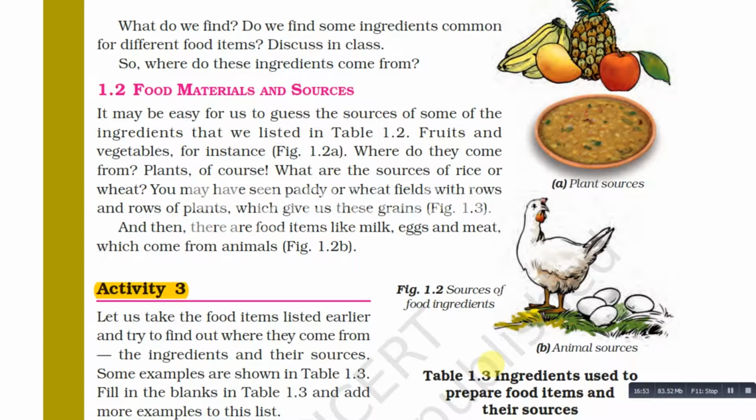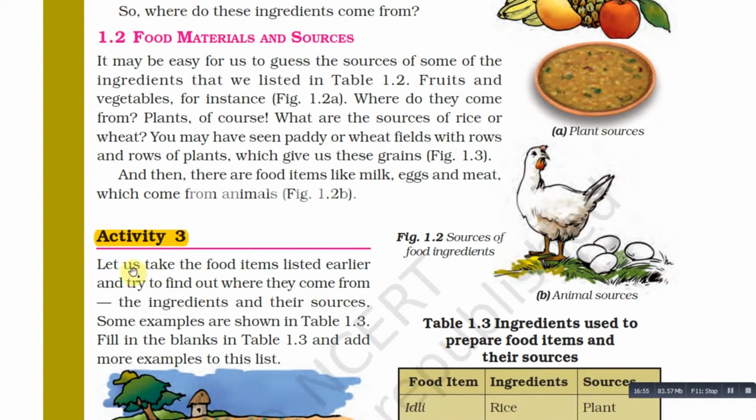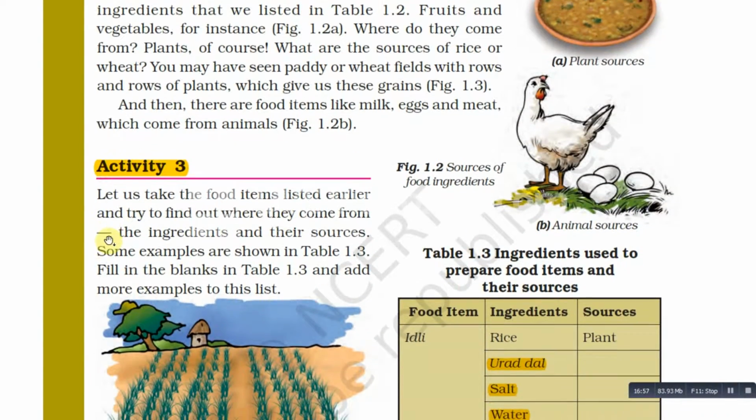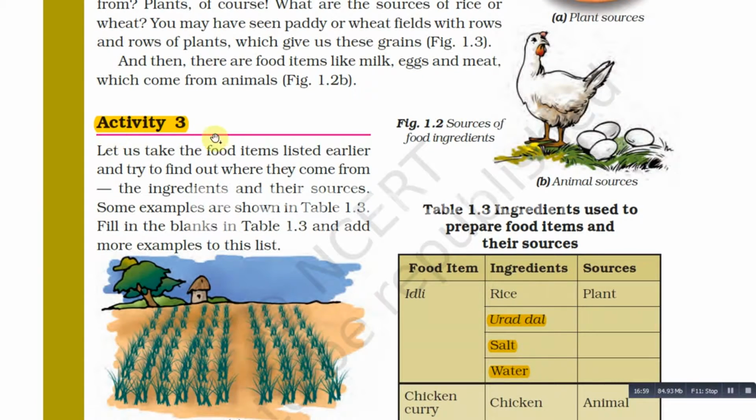Now we will go for activity 3. Let us take the food items listed earlier and try to find out where they come from, the ingredients and the source. Some examples are shown in table 1.3, and we have to fill in the other things.